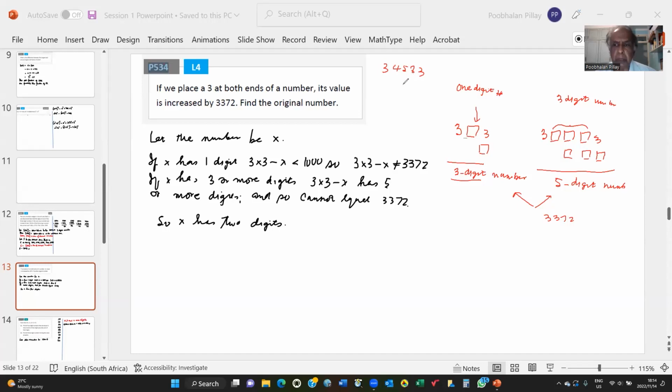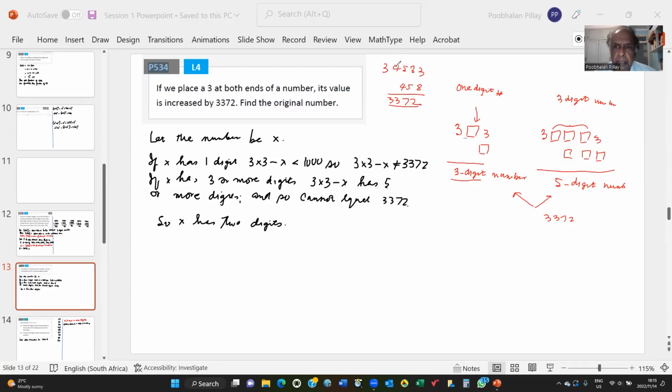That means the original number was 458, and we created this new number, and the value now is increased. This original value is increased by, so you have to subtract these two, and you are given that this is 3372. Well, obviously, this would not work, but we're trying to explain what's going on.